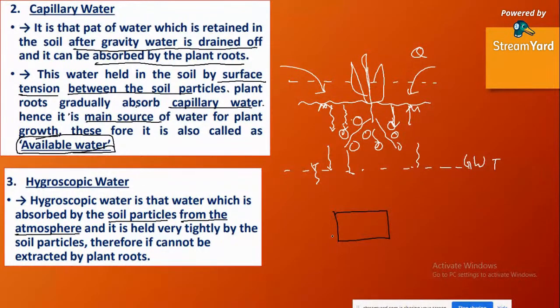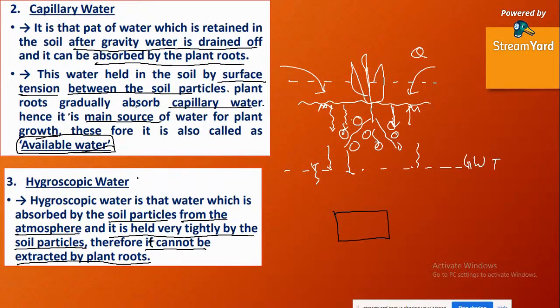That moisture absorbed by the soil from the atmosphere has a very high adhesive force, so it is held with the soil particles so tightly that the plant root cannot utilize this water for growth and nourishment. It cannot be extracted by the plant roots.